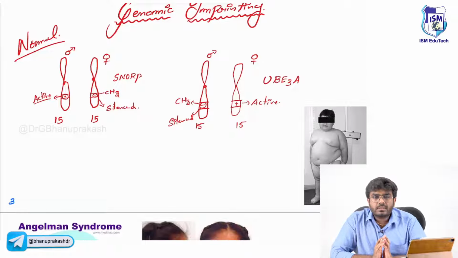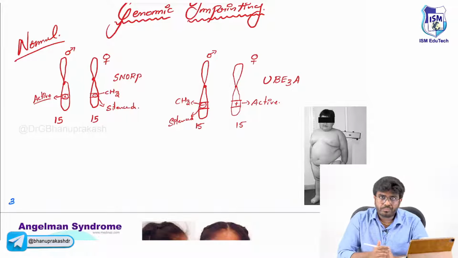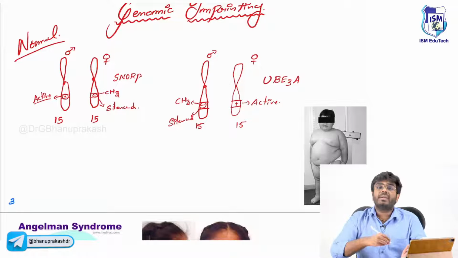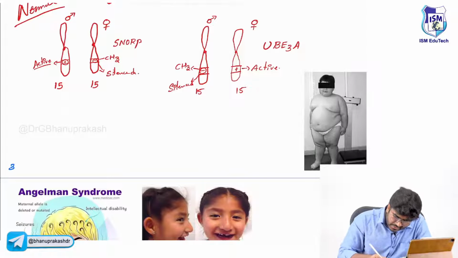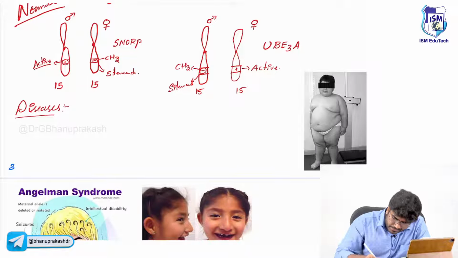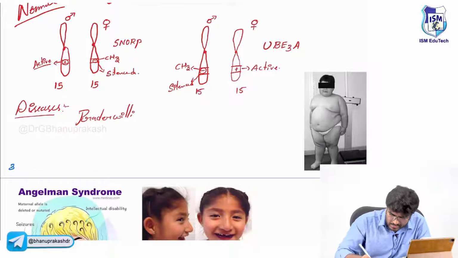Now, what happens if there is any problem with this imprinting process? First, let's write the diseases here. The two diseases which I want to discuss here are Prader-Willi syndrome and Angelman syndrome.